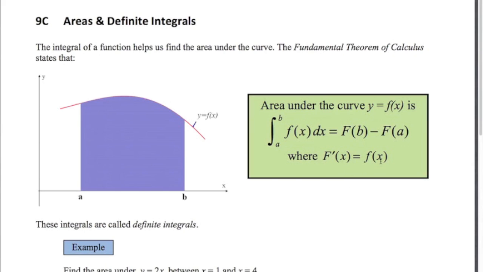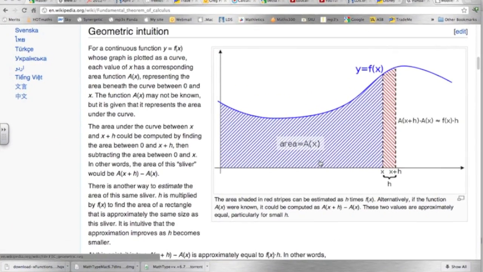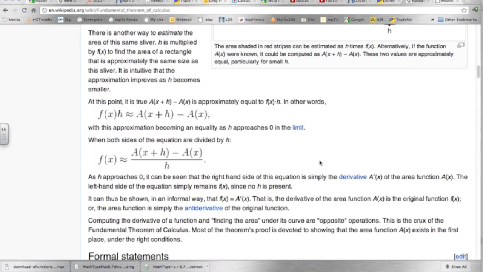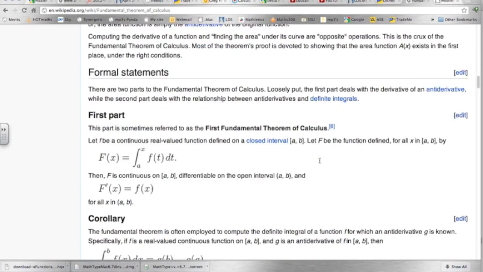Okay, this is a pretty grand theorem. I'm not getting into the details of that theorem. Just let me show you what the proof looks like. If you go to Wikipedia and look at the fundamental theorem of calculus, it's got some really good stuff here. But it gets into stuff to do with limits, which we don't deal with in the AS course.